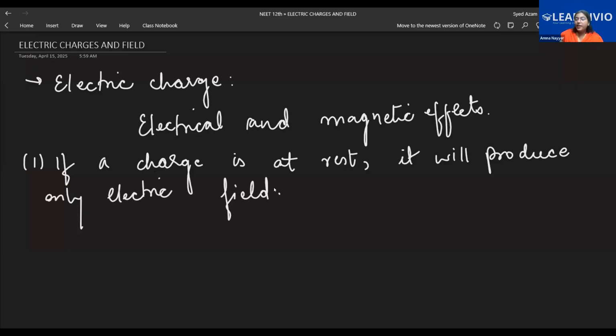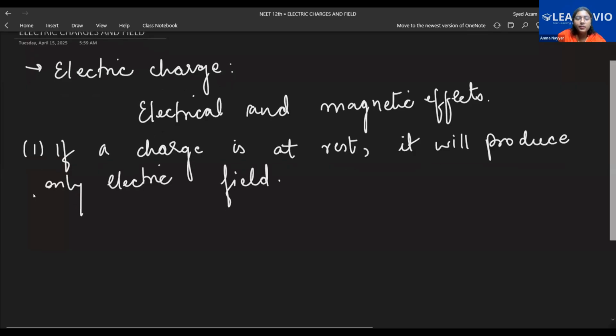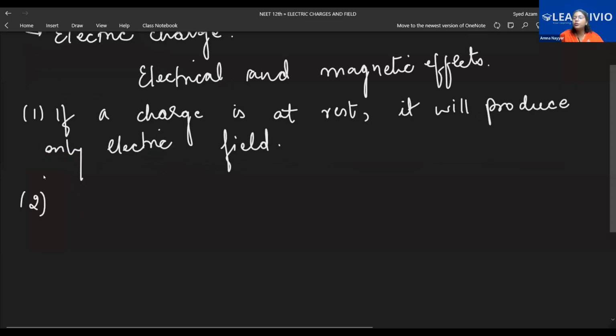But if a charge is in uniform motion, see, uniform motion and non-uniform motion, I hope you people understand. You have already passed out from class 11th. Uniform motion means the distance changes with time in definite intervals, that is, equal distances are covered in equal intervals of time. That is uniform motion.